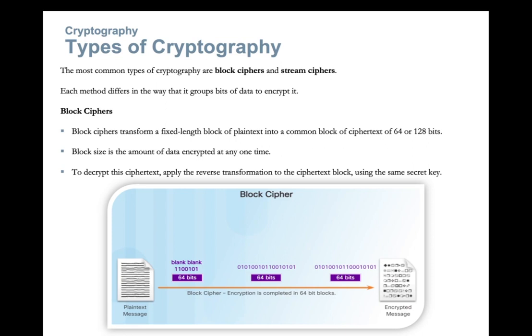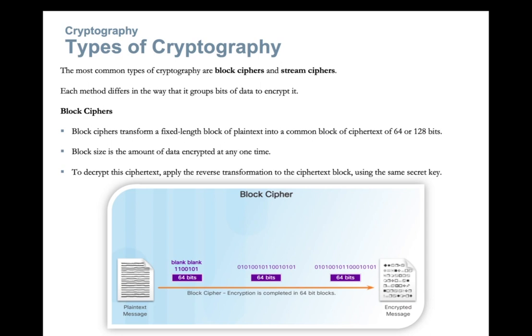In this figure you can find the 64 bits on the left side. If any bits are missing, suppose only 56 bits are there but it requires a 64-bit block, then it adds another 8 bits, the blank, artificial bits, to the block.